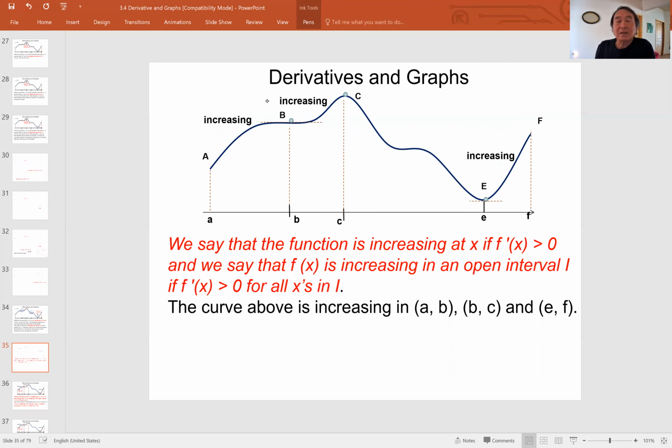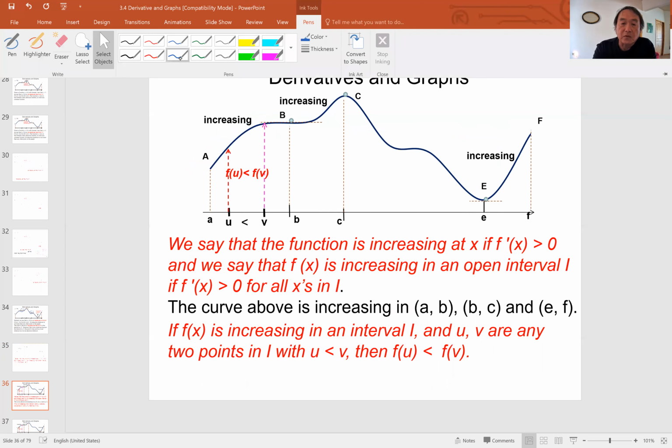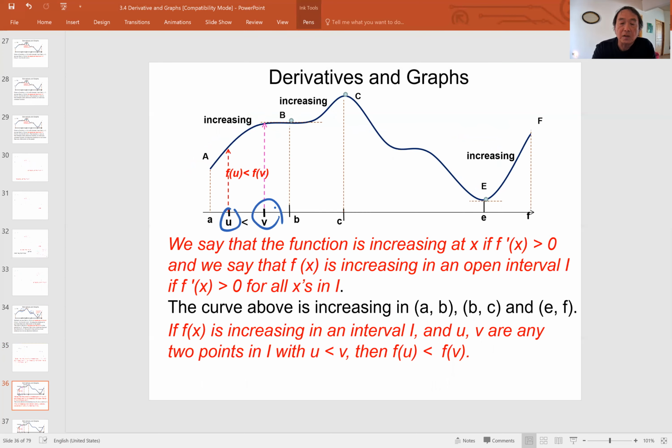In particular, where the derivative is positive, remember those four pictures, that's where we say the function is increasing. And why do we say increasing? Because if I have two inputs, U and V, and the bigger input gives a bigger output, Y will be bigger.